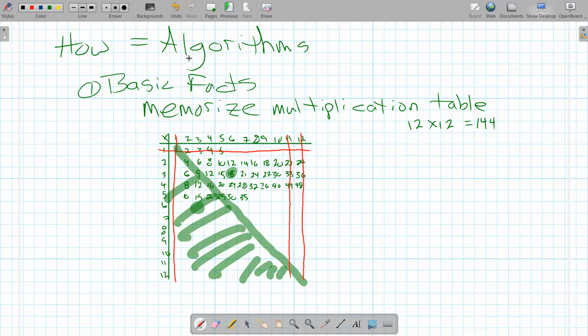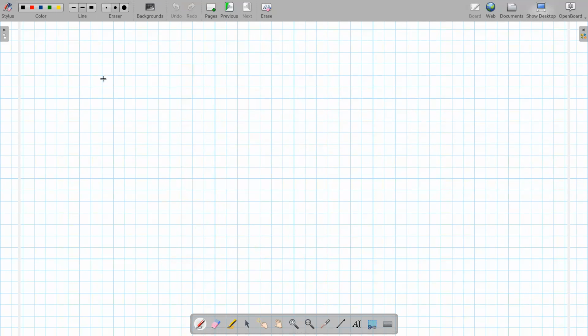So part of algorithms is basic facts, and the other is the process that we use. So a couple of processes, algorithms. So we have a carrying algorithm, but there are other ones. So let's take, for example, how about 23 times 36.